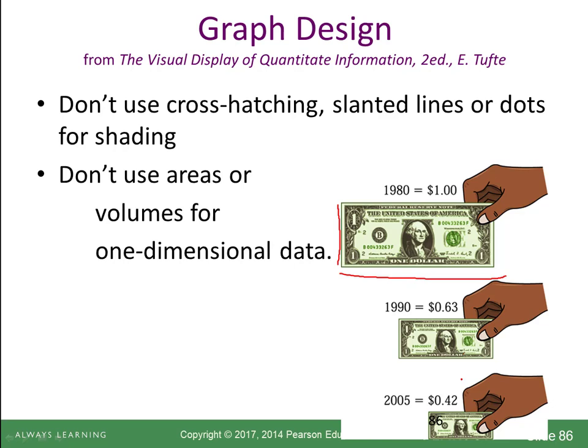Now, in all reality, the $2005 is 42% of the $1980. When we look at this tiny one down here, and I'm going to try to draw it up here, it is definitely not 42%, which is almost a half. You can see that it's about maybe a sixth or an eighth of that dollar when we look at that area, and our brains register the area.